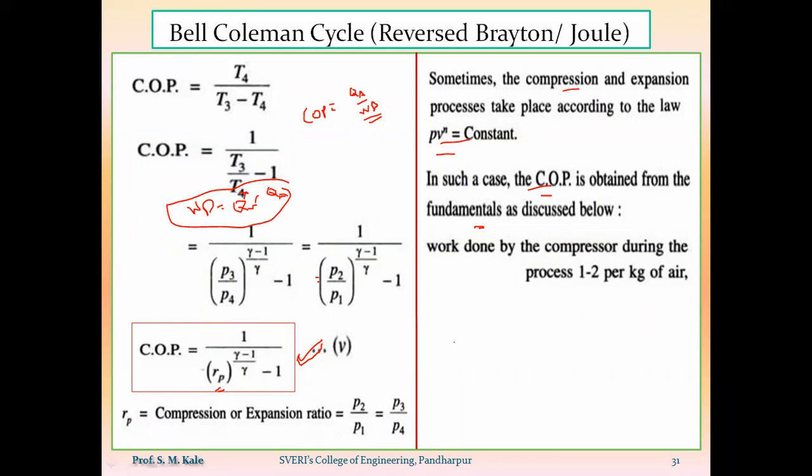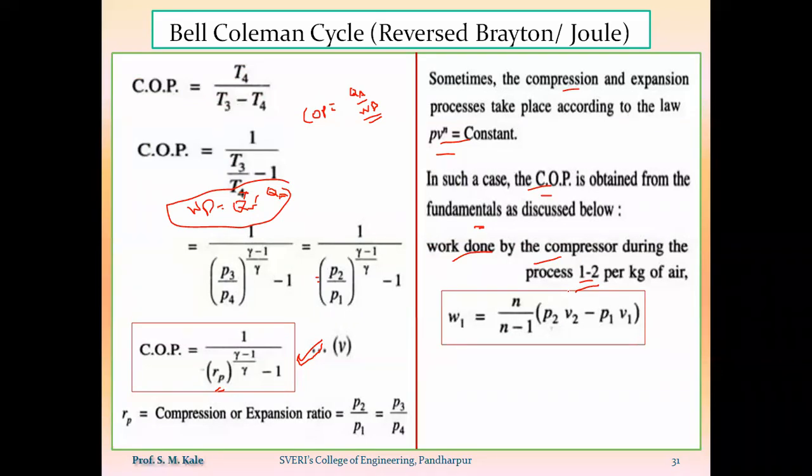So first of all, we'll calculate the work done by the compressor during the process 1 to 2 for the polytropic process per kg of air. That value will be calculated by using a formula, taking the reference of the PV diagram. By taking the reference of the PV diagram, we can calculate the work done on the compressor and the work obtained from the expander.